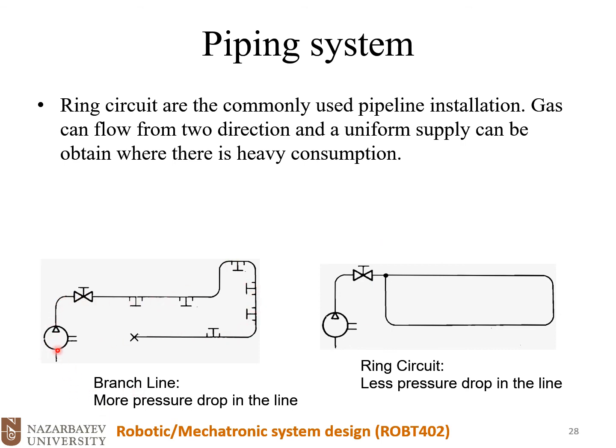You see the compressor, and these are, let's say, stations and units. Or we could have a ring circuit. We have less pressure drop in the line, and the pressure is more balanced in our system than this branch line, where we have more pressure drop in the line.